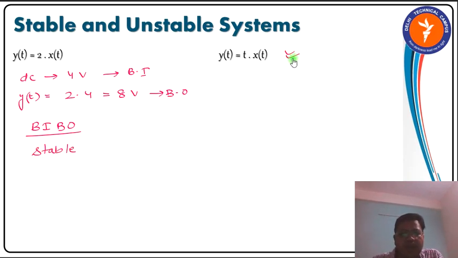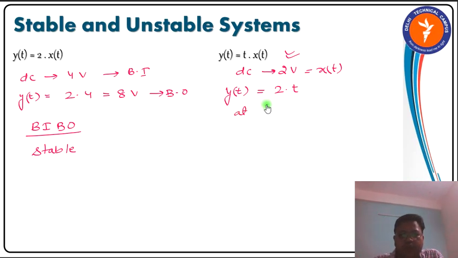Now let us check this example. If I excite the system with a DC signal of 2 volts, that is, x(t) is equal to 2 volts, then y(t) will be equal to 2 times t.